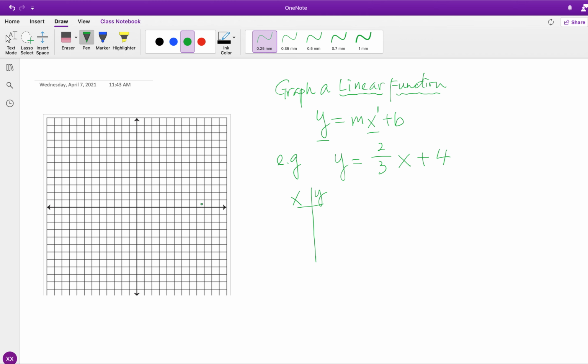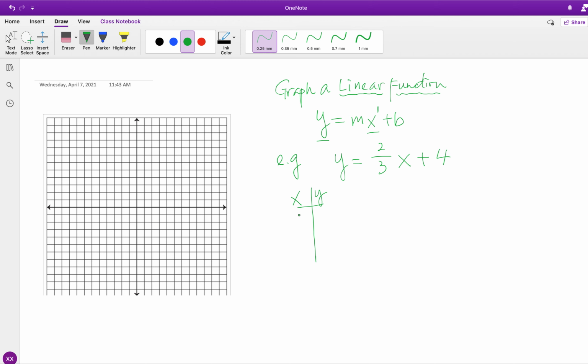There are many x and y pairs on this line, but we can only just choose 2 points. If I let x be a value and calculate the y value, that point has to be on the line.